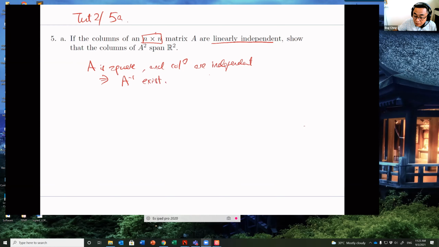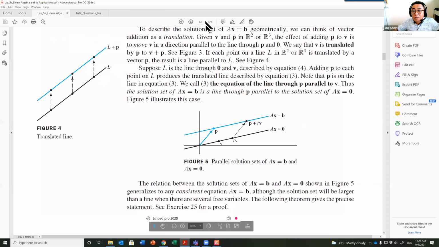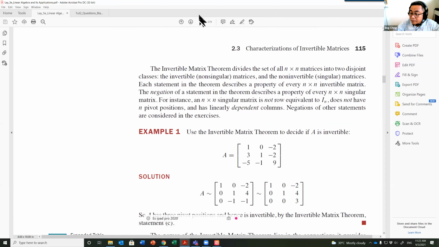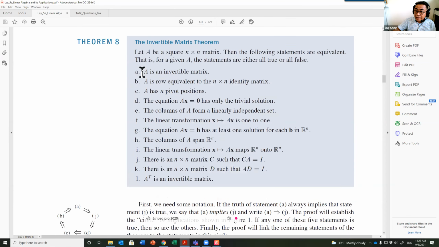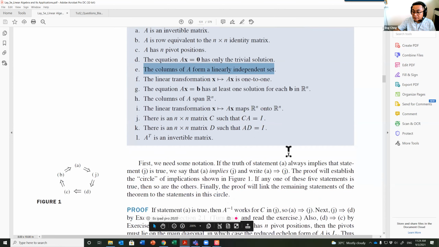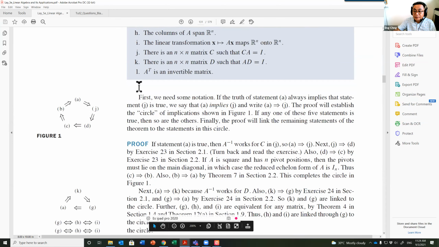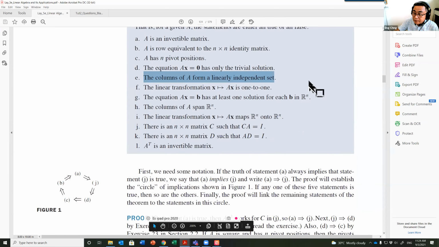So where do we know? Page 114. We have A is invertible because A is square and it has independent columns. The columns of A span Rn, or the columns of A form a linearly independent set. The proof is here in these few lines of text. So A minus 1 exists.